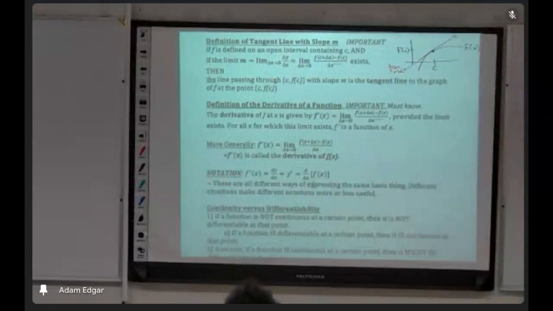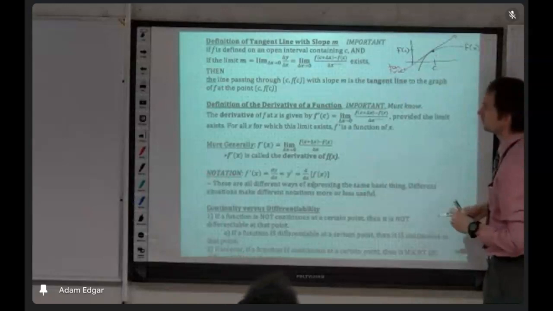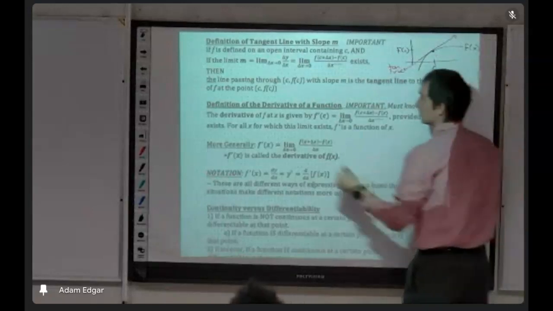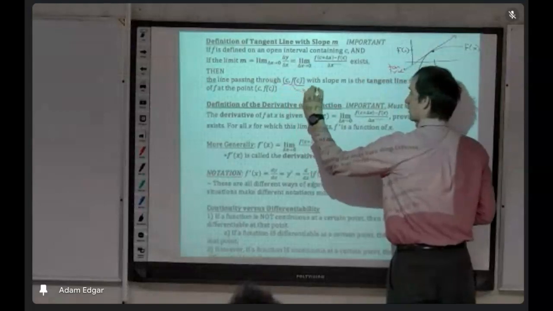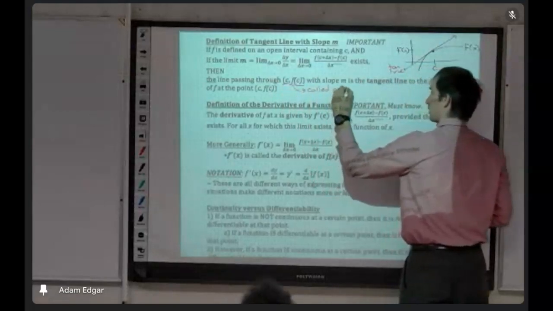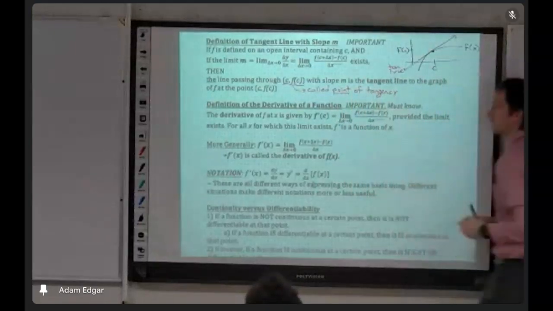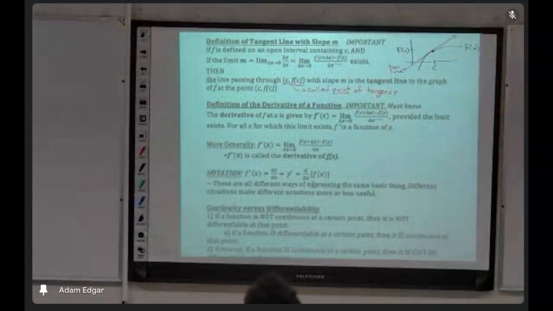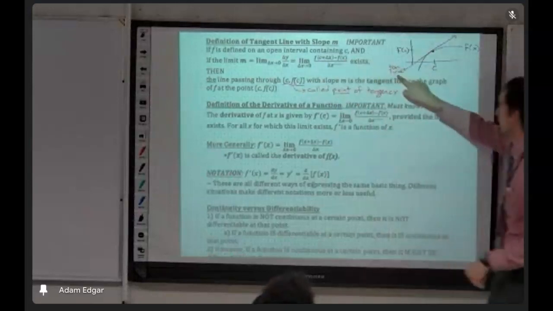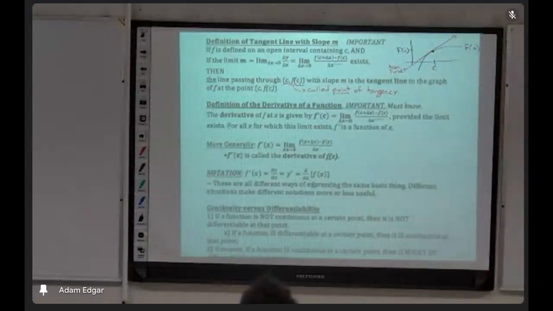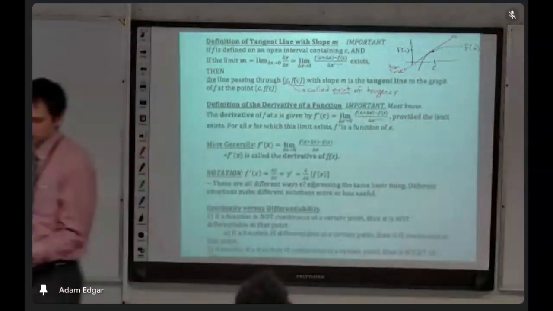The red line is your tangent line to the curve at the point c comma f of c. We call that the point of tangency. And then this limit is the slope of that tangent line. If you wanted the equation of the tangent line, you would get that limit, here's your slope, and then use this point and put them together to write the equation of the line.